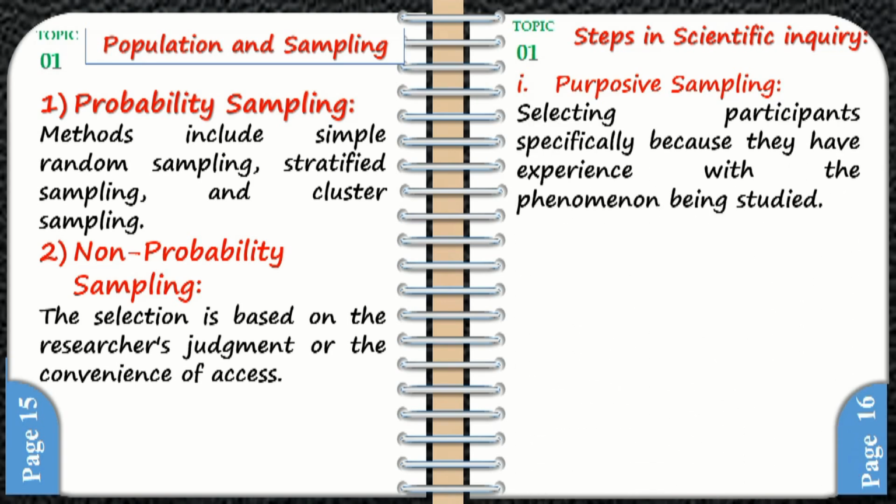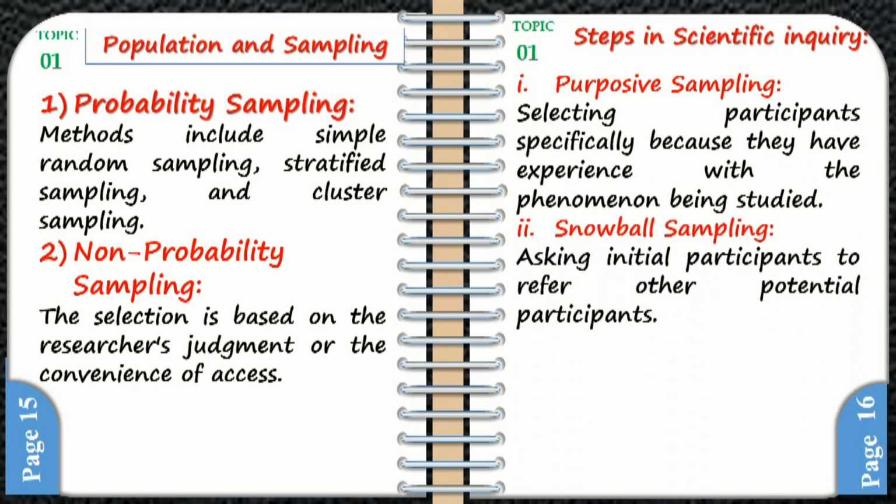This is selecting participants specifically because they have experience with the phenomenon being studied. Another one is snowball sampling. This is asking the initial participant to refer other potential participants. For example, you might be studying pregnancy in schools.